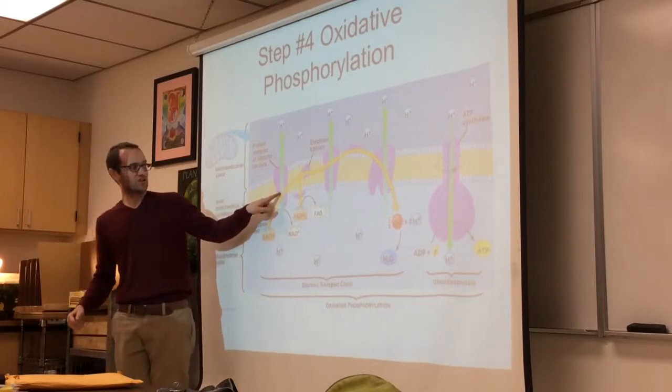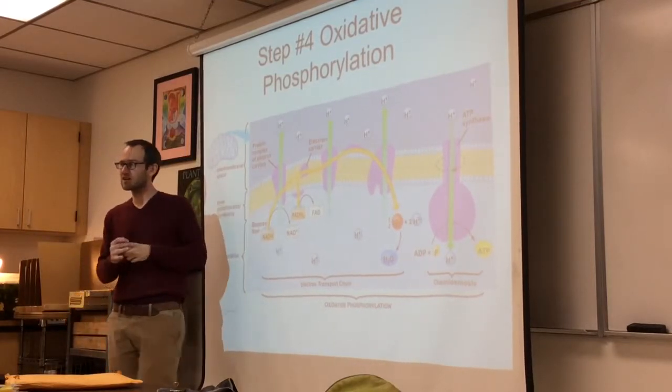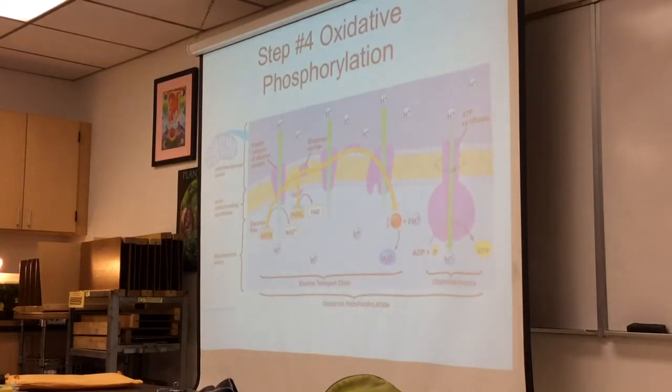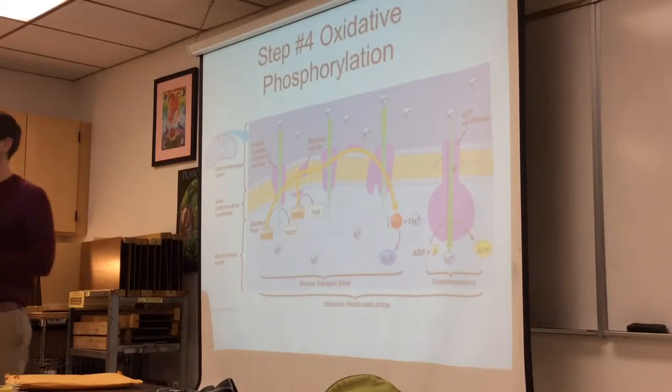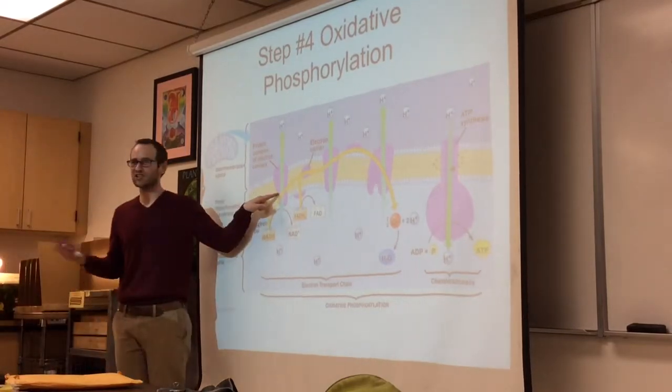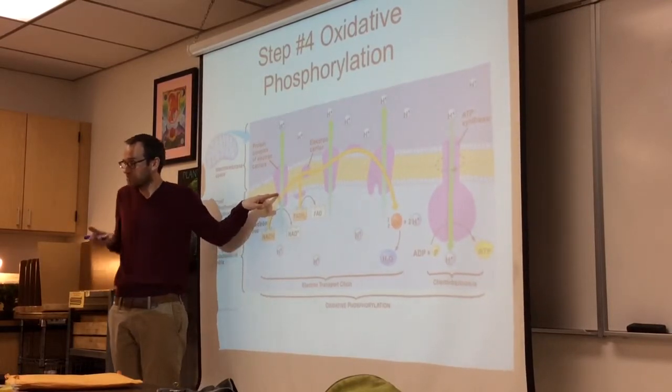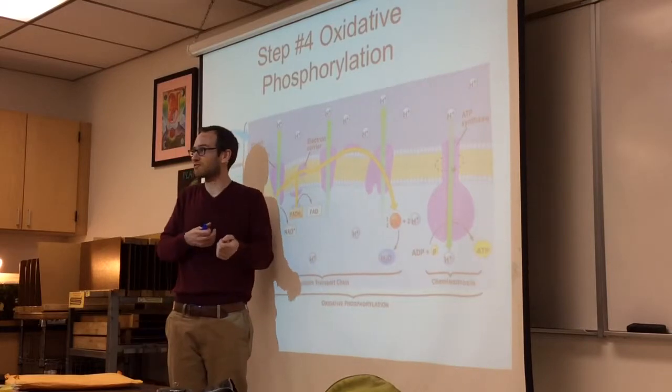So the electrons, you can kind of think of them like, have you heard of the game Hot Potato, where you have something hot in your hand, you pass it, because if you hold it in your hand too long, it burns you? All right, well, you can kind of imagine that the electron carriers are like you playing that game, and that electron has energy. And so when it's passed to them, they kind of pass it off to the neighbor.